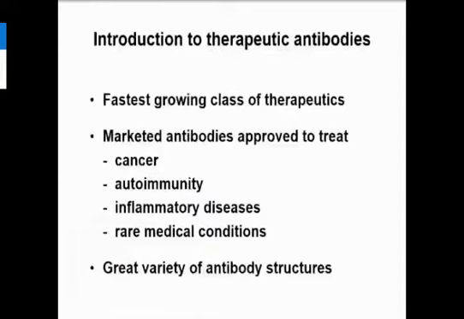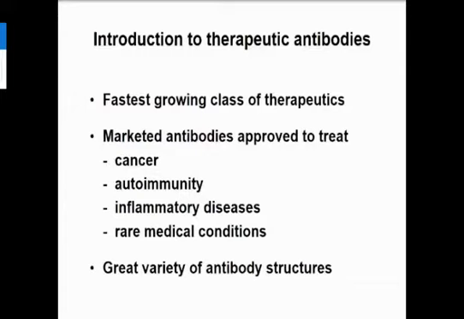Okay, so as you have probably learned already, therapeutic antibodies are the fastest growing class of therapeutics, so they will outstrip small molecule inhibitors. They may already have outstripped them in terms of sales. And we've got marketed antibodies that have been approved to treat cancer, autoimmune diseases, inflammatory diseases, and also rare medical conditions.